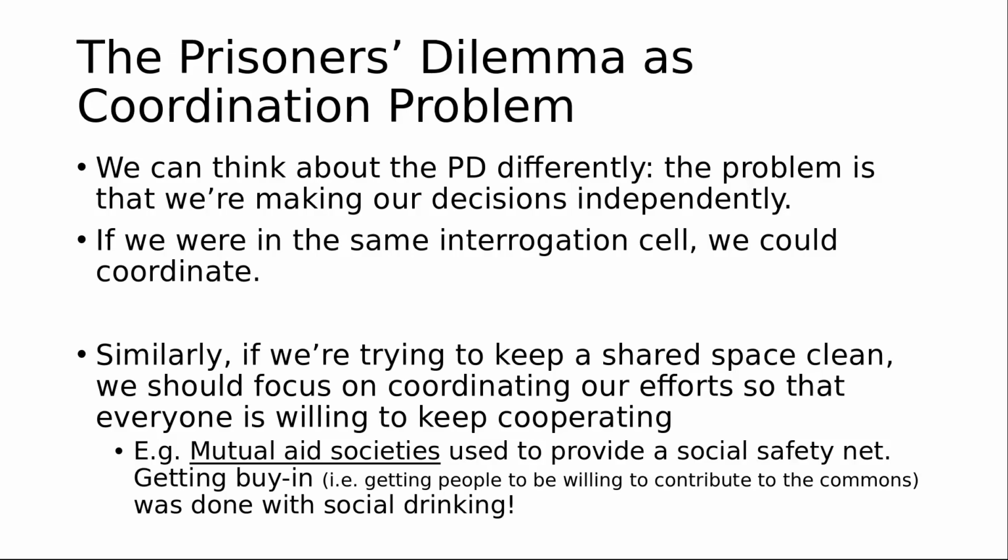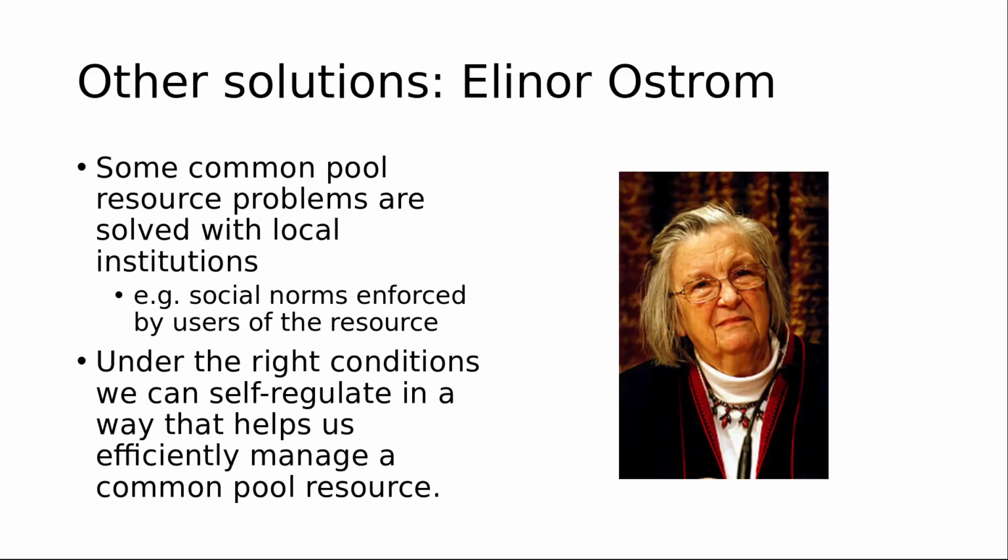Another class of potential solutions we've mentioned a little bit is those that Elinor Ostrom studied. Elinor Ostrom won the Nobel Prize in Economics in 2009, and she studied a lot of these interesting situations where small communities had some common pool resource that they were able to work together to conserve.